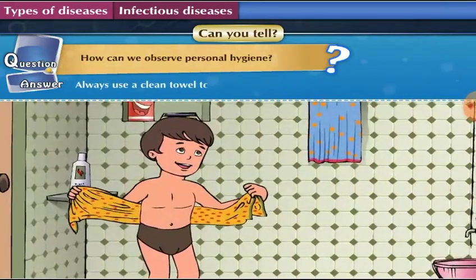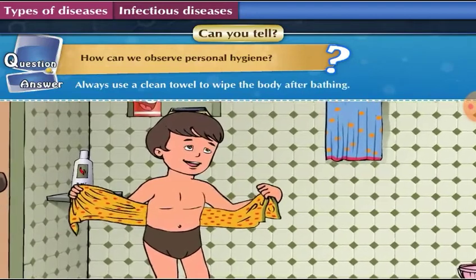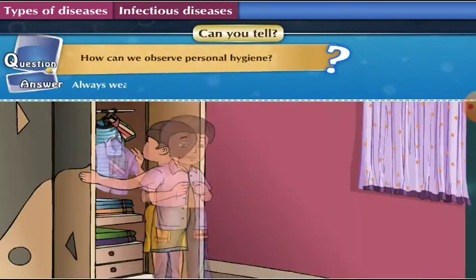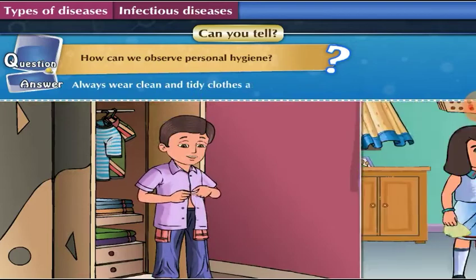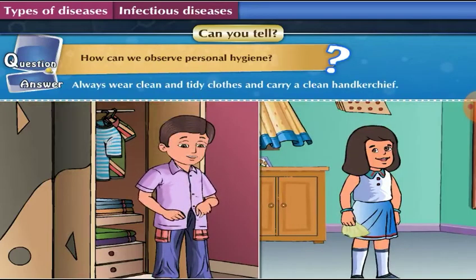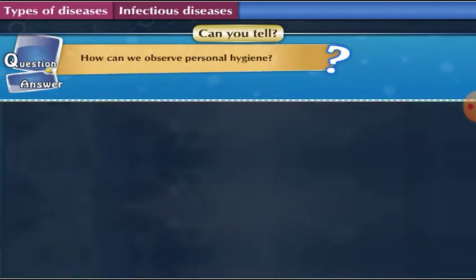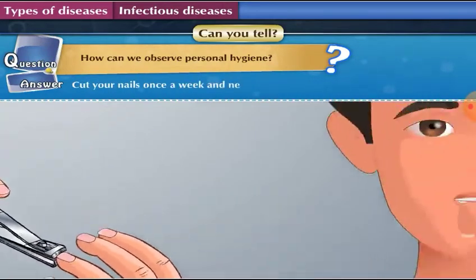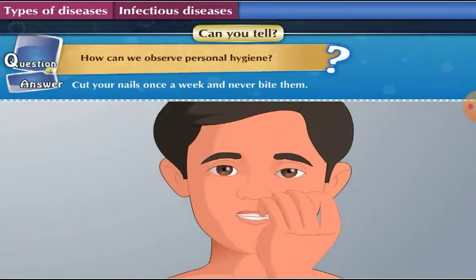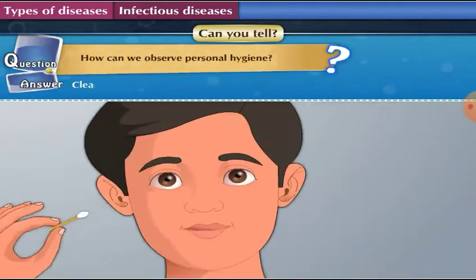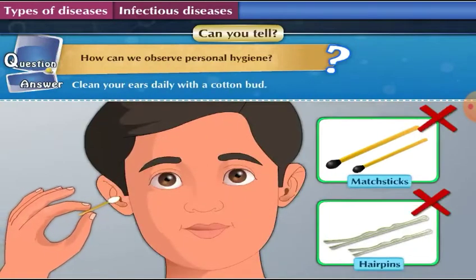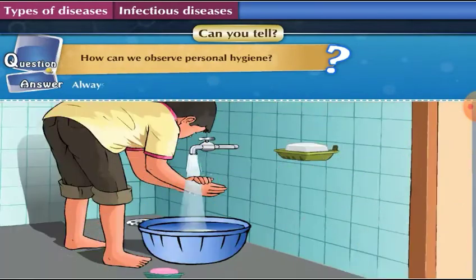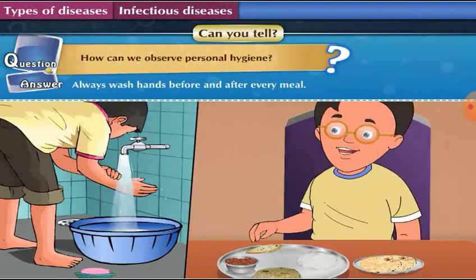Always use a clean towel to wipe the body after bathing. Always wear clean and tidy clothes and carry a clean handkerchief. Cut your nails once a week and never bite them. Clean your ears daily with a cotton bud. Always wash hands before and after every meal.